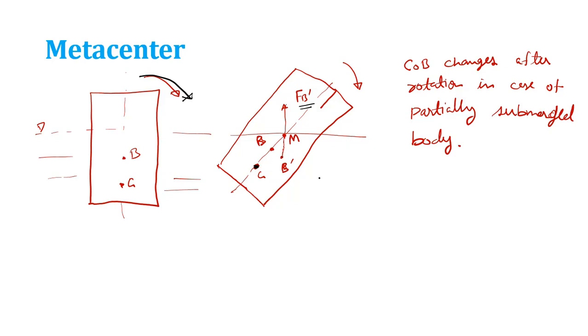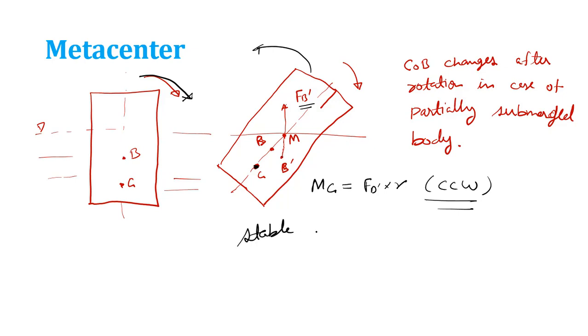So if I calculate the moment, it is nothing but FB dash into a, and the sense will be counterclockwise. So it will try to rotate this block towards its mean position. Hence it is stable equilibrium.